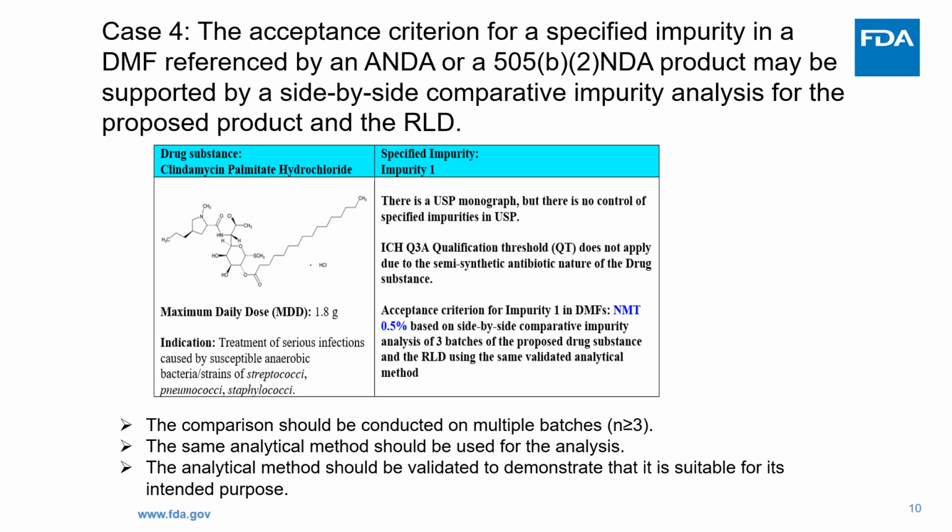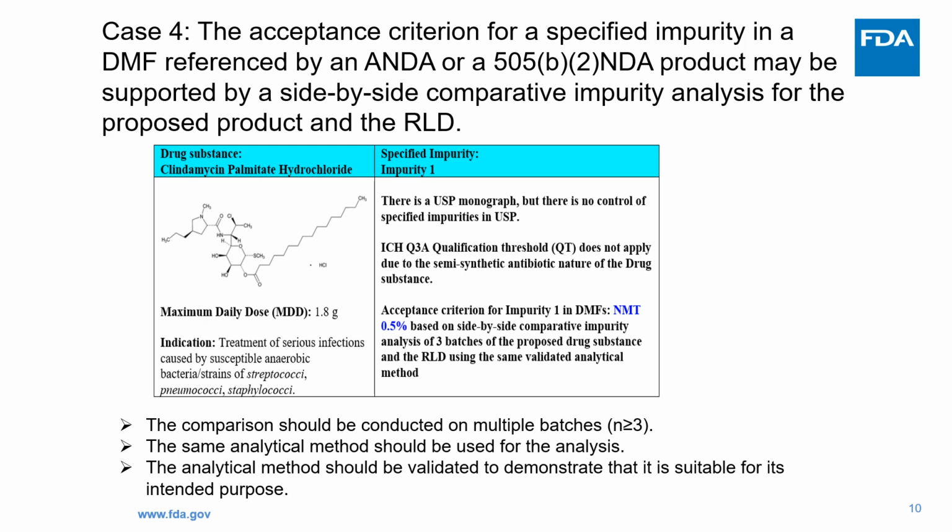For example, if impurity 1 was found at a level of 0.5% in both the RLD samples and in one applicant's samples, the acceptance criterion of 0.5% for the specified impurity 1 in a DMF can be generally justified.